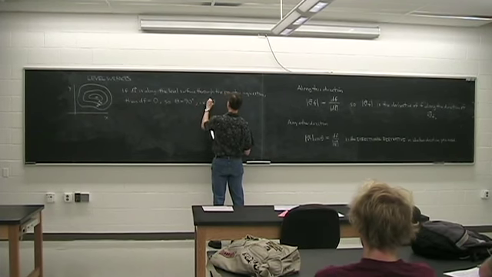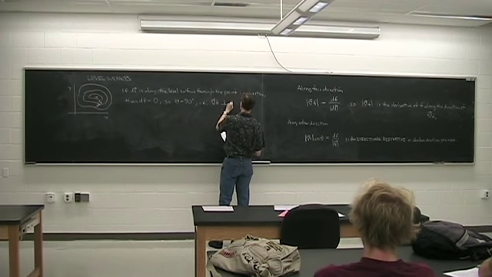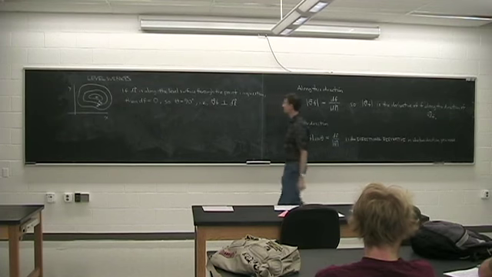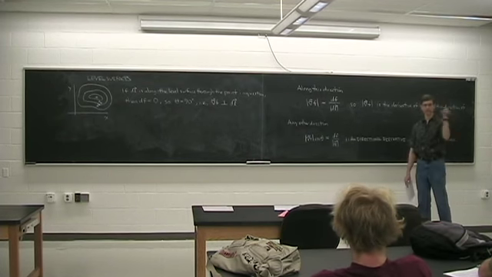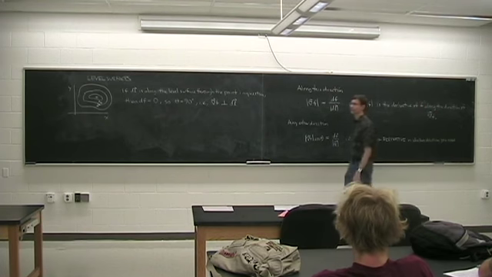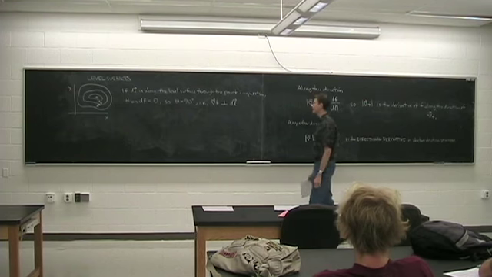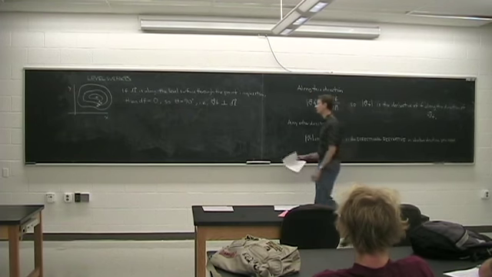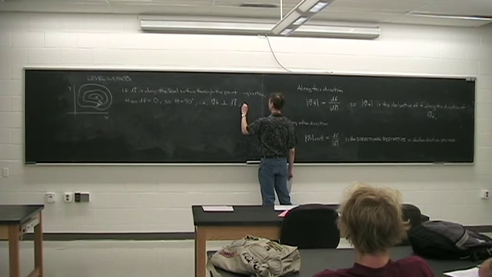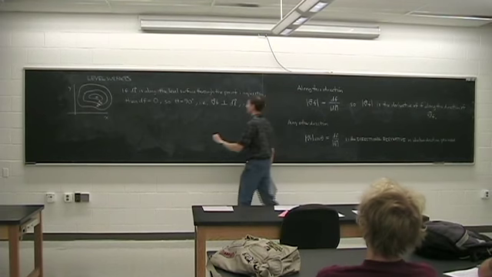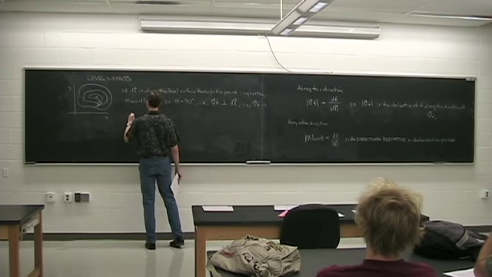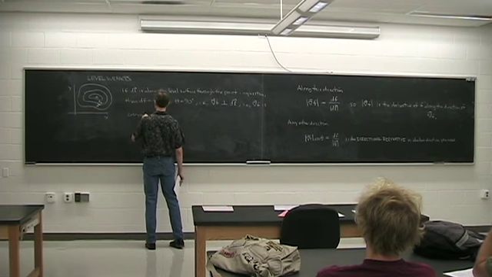Or in other words, grad f is perpendicular to dl. I like to use that symbol for perpendicular. So grad f is perpendicular to dl, or in other words, grad f is everywhere perpendicular to the level surfaces.